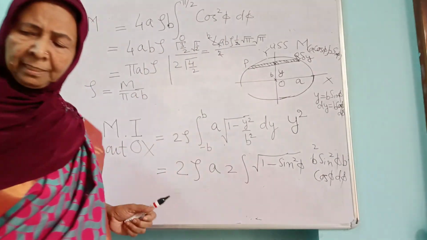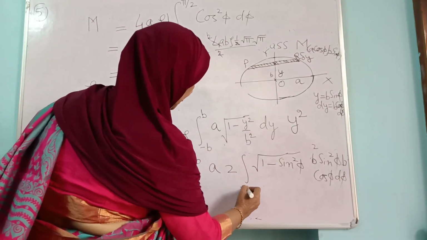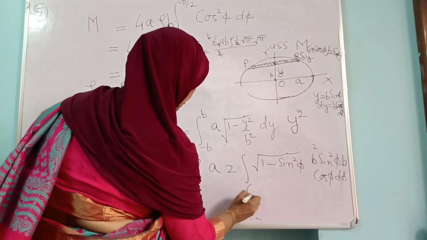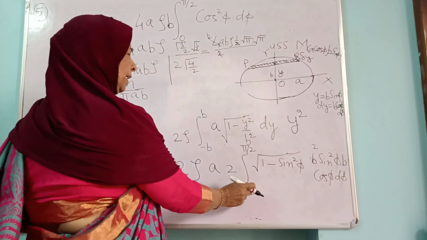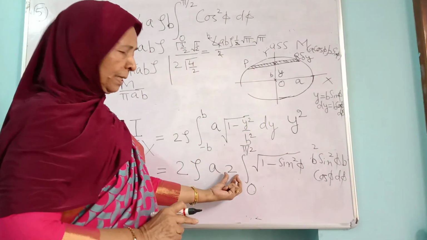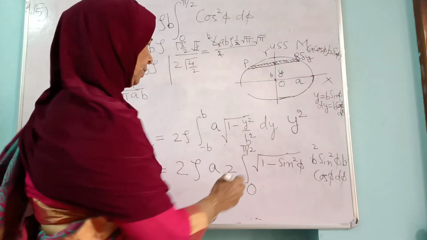I have made a simple substitution, and this is from 0 to pi by 2. Actually the limit is coming as minus pi by 2 to plus pi by 2, but when you multiply by 2, you will get 0 to pi by 2.